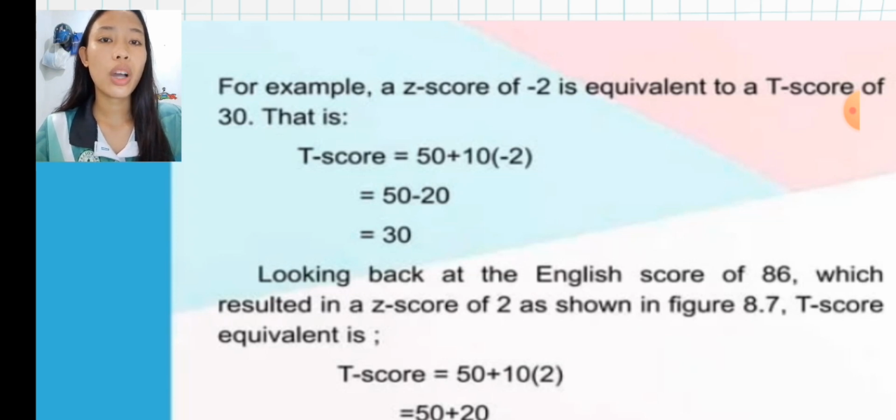When we multiply, we copy the negative sign of the negative 2, so positive 10 multiplied by negative 2 equals negative 20. So it equals 50 minus 20, which equals 30.